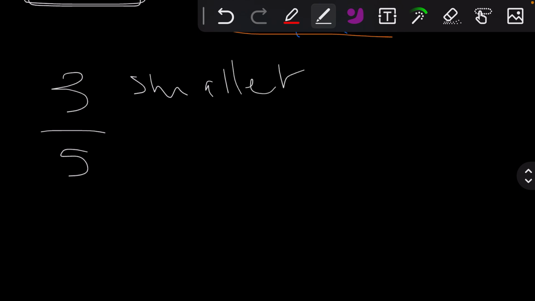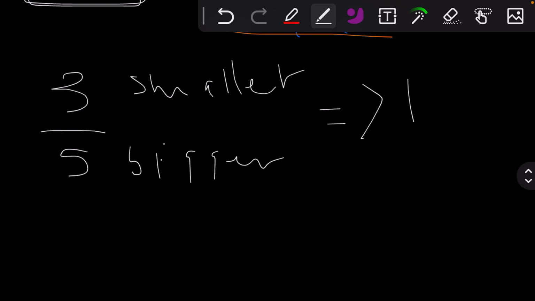So when the number on top is smaller than the number on bottom, then the fraction is less than 1.